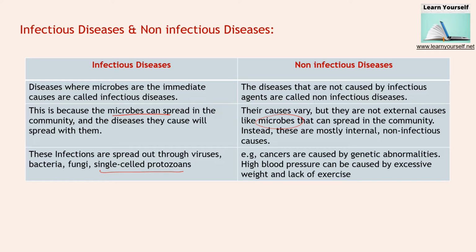That's why they are called infectious diseases, because they have their own routes and paths by which they spread through the entire community. So the diseases which happen through microbes are infectious diseases, and the diseases which do not spread through microbes are called non-infectious diseases.